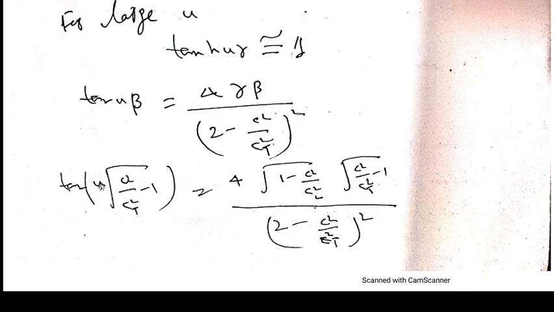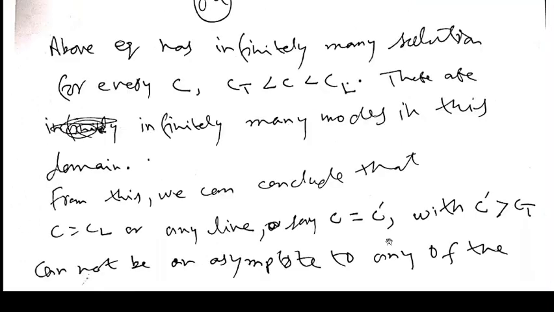So for each value of C we have infinitely many values of u when our C is between CT and CL. So for every value of C we have infinitely many solutions, many values of u, so we will have infinitely many solutions for every value of C in this domain.